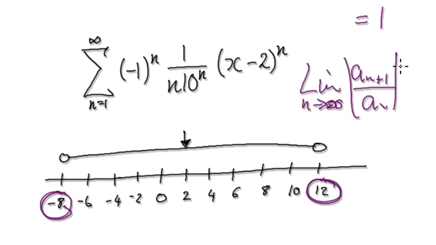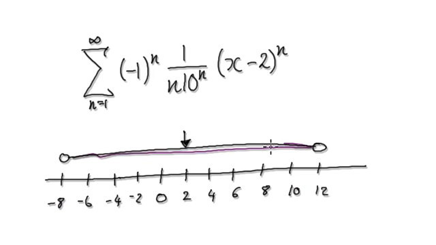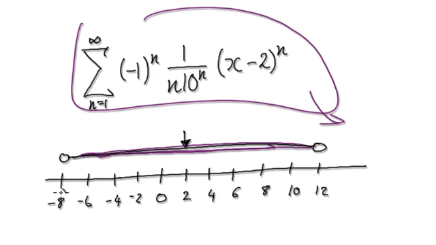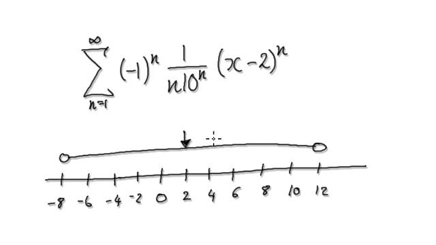On 12, this value will also equal 1, which will be inconclusive. So anything in between, we know this is going to converge. But at -8 and at 12, it will be inconclusive. So we need to manually check -8 and +12, which we will do in the next video. Okay.